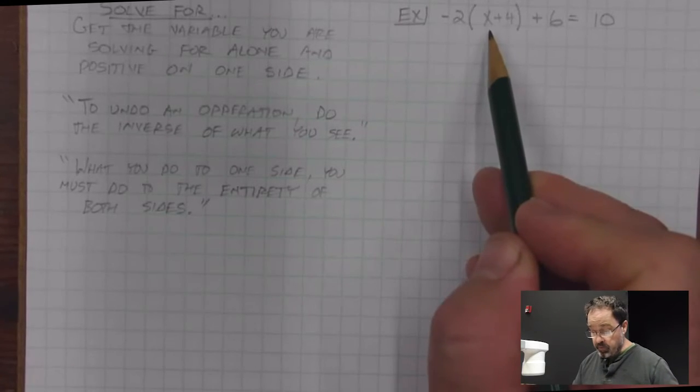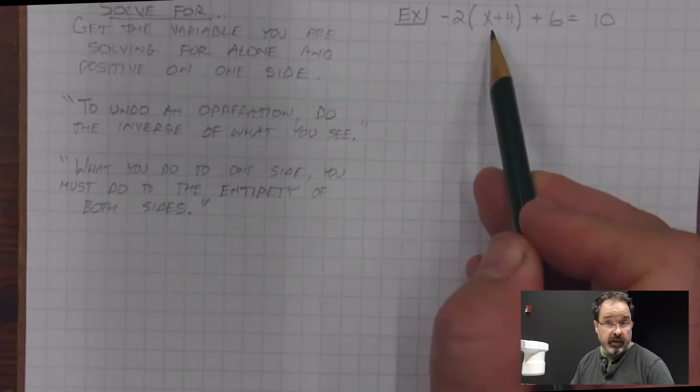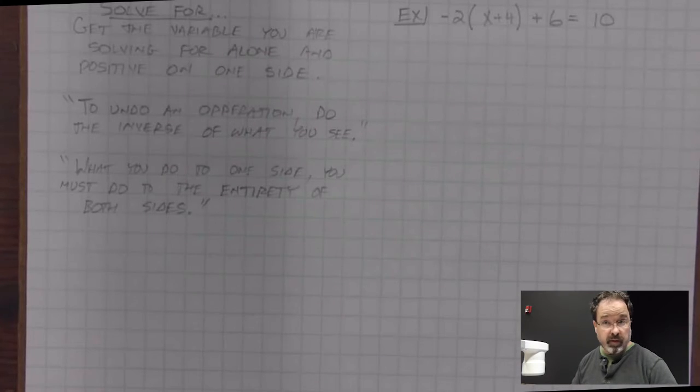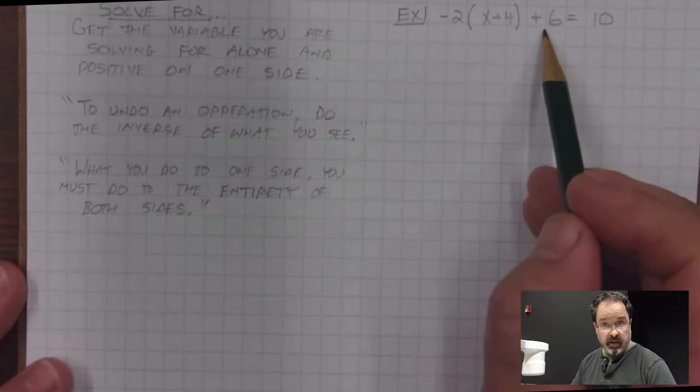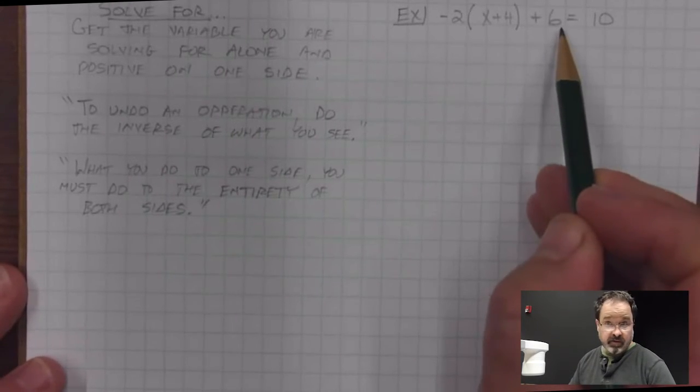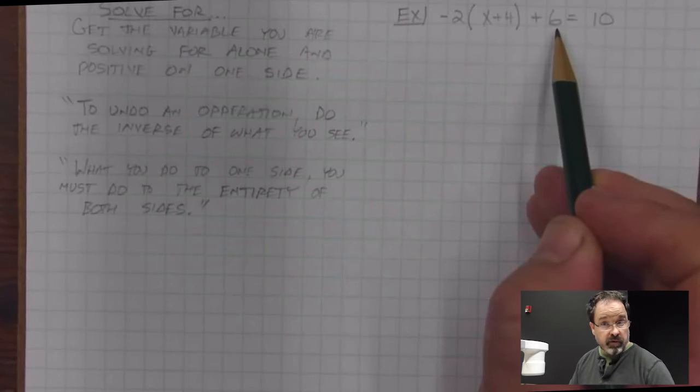And it doesn't matter which I do first. I could do anything I wish, but there are certain steps that are more helpful than others. I could subtract 6 from both sides. I see that I'm adding 6 to this side, so the inverse of the addition of 6 is subtraction of 6.